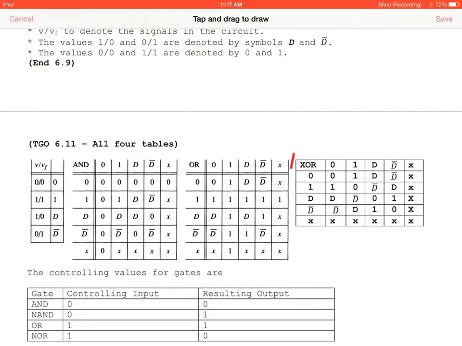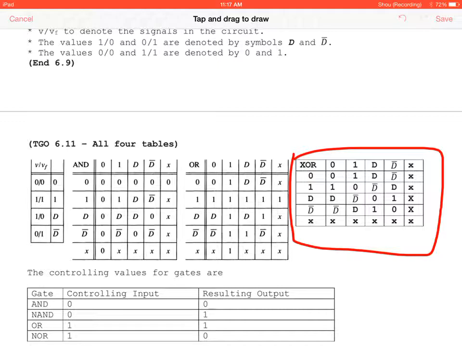And so last but certainly not least, and I think you guys probably all jotted this down by now, XOR gate, if one of the inputs is 1 and the other is 0, then you're going to get a 1. But if they're both the same, then you'll get 0 on the output. So being able to derive this using D and D bar, if D and D are both on the inputs, well, that means no matter what, they're going to be the same.